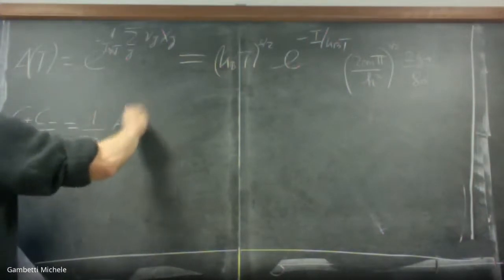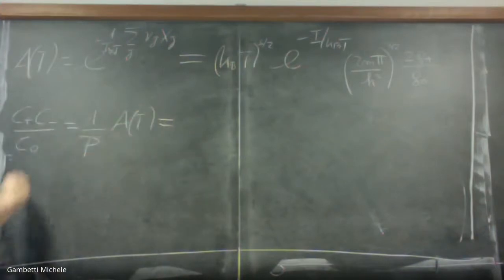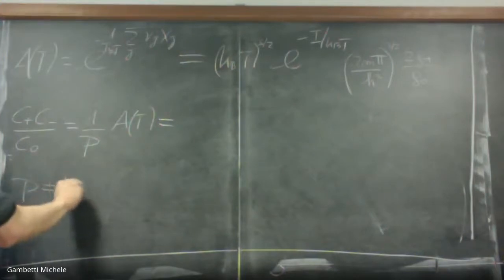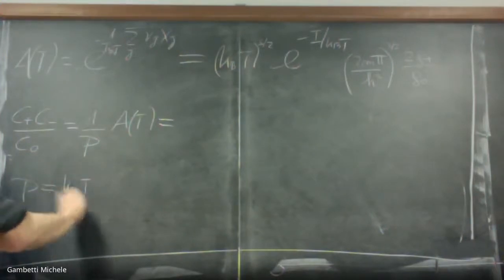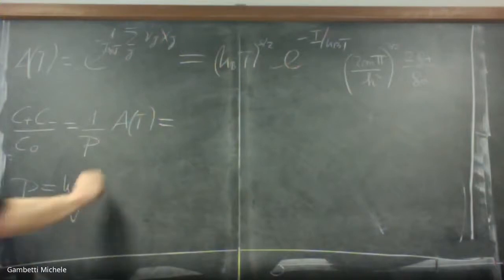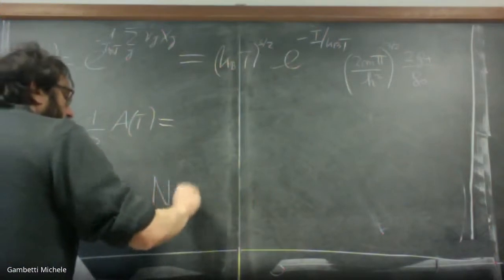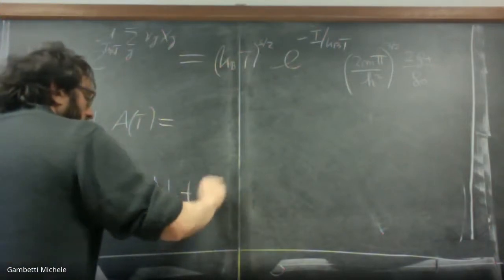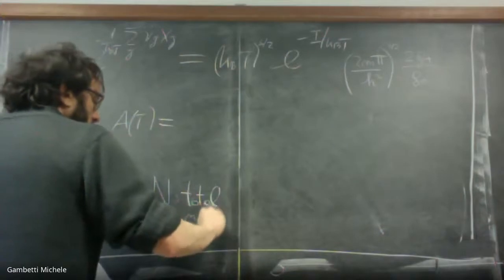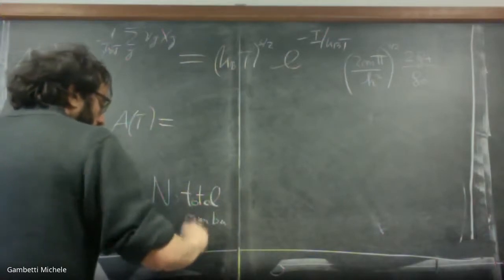Now I can write P as kBT divided by volume times n, where n represents the total number of particles.